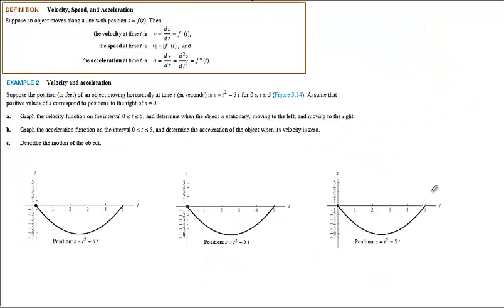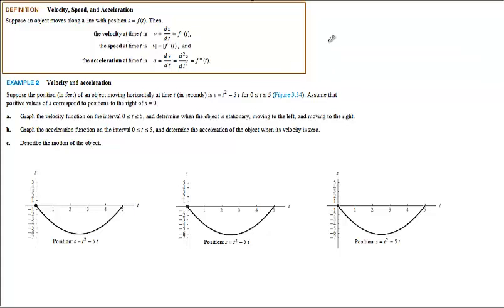Finishing up on this idea of position and velocity, we're going to move on to acceleration. And acceleration is how an object, how his velocity or how his speed is changing with time. So velocity happened to be how the position was changing with time.